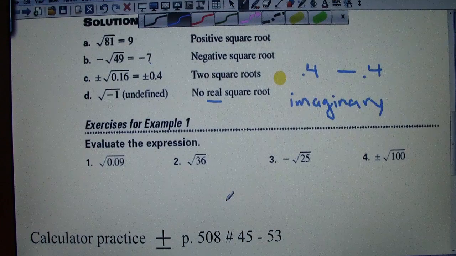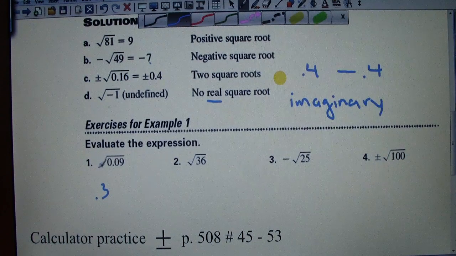Okay, so if we're looking at these answers, the square root of 9/100, what number do I square to get 9/100? Well, I know the square root of 9 is 3, but 3 squared doesn't give me 9/100. 3/10, well, 3/10 squared would give me 9/100.